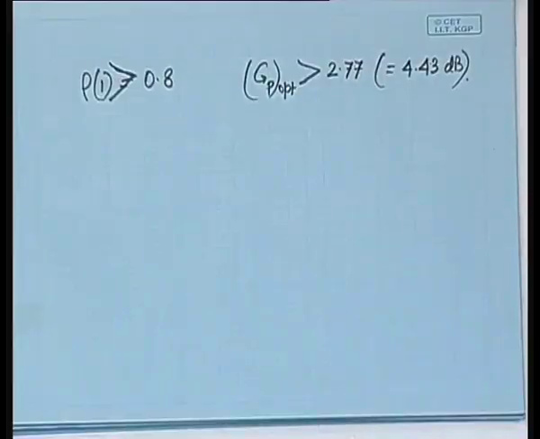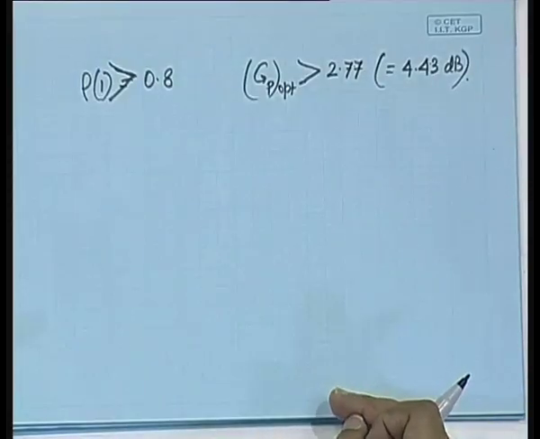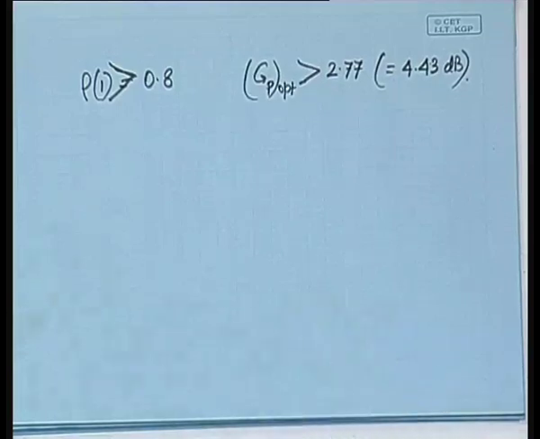So, a gain of 2.77 or 4.43 dB is also quite significant. Just without increasing any bit, we are able to obtain a gain of 4.43 dB, whereas in the case of a uniform quantizer, in order to improve the SNR by 6 dB, we had to pay the price of adding 1 bit.